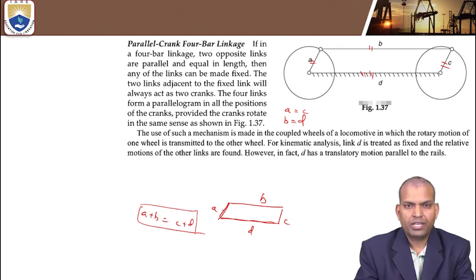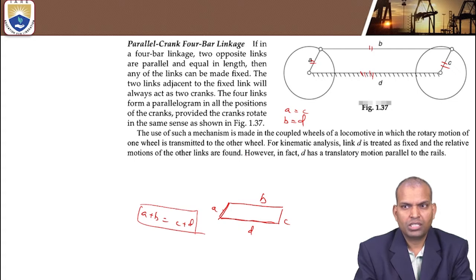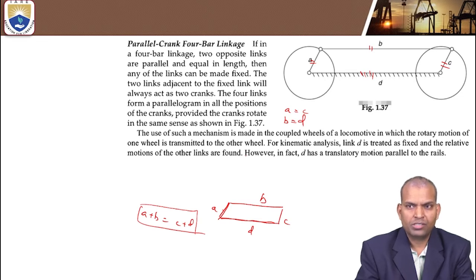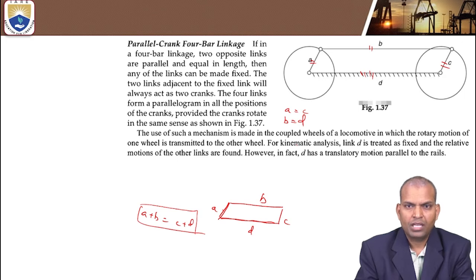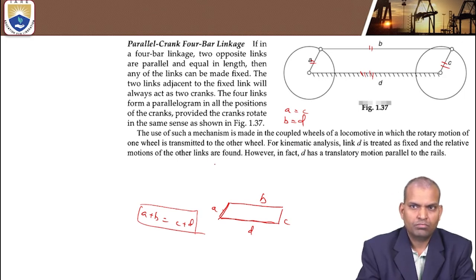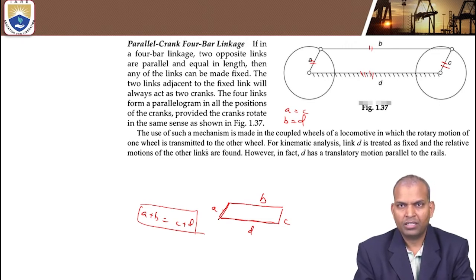But in this case, rotary motion is converted to rotary motion of the other wheel. For kinematic analysis, link D is treated as fixed and the relative motions of other links are found. In fact, D has a translatory motion parallel to the rails. So these are the different examples.